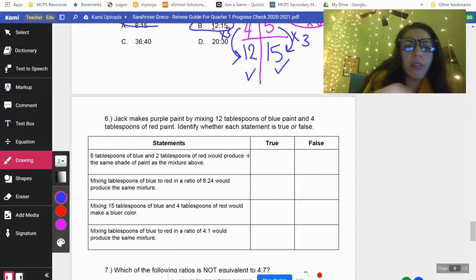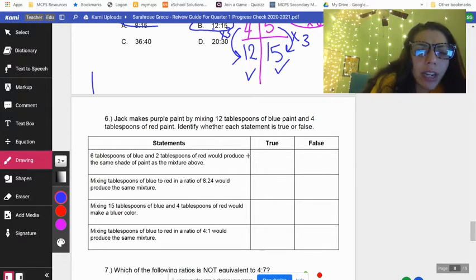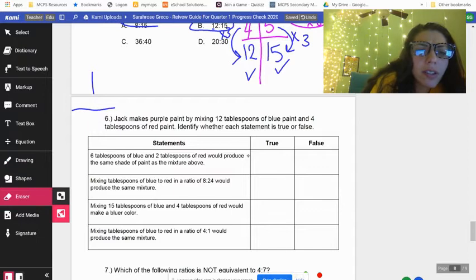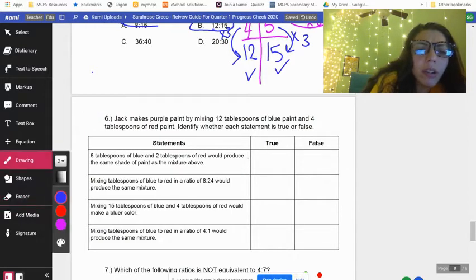Okay, so again, I'm going to make a chart right here.